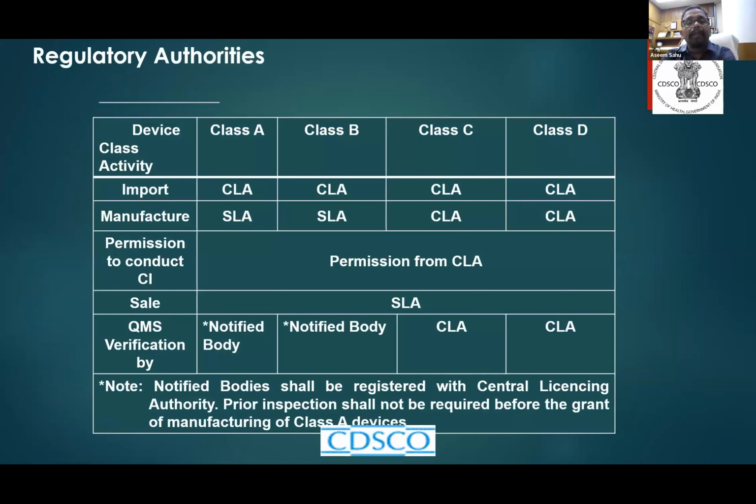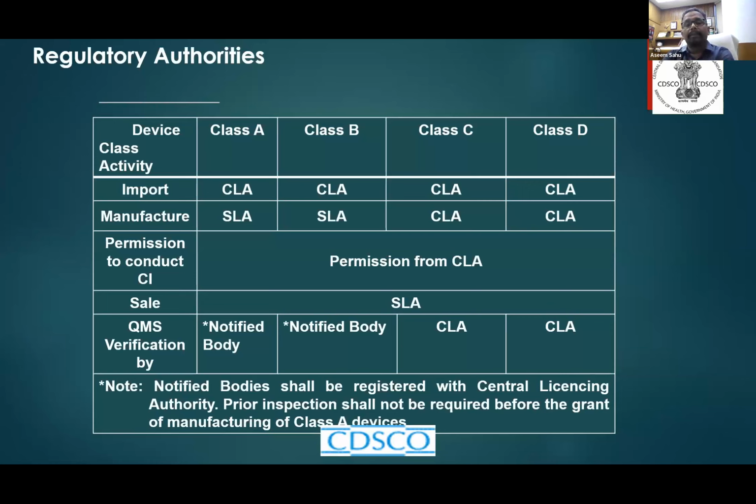The regulatory responsibility is also clearly defined in the Medical Device Rules 2017. For import of all classes of medical devices, the Central Licensing Authority is the authority for grant of the import license, and the headquarter is taking that responsibility. For manufacturing of low risk classes, like class A and class B, the State Licensing Authority is responsible for the grant of the manufacturing license.